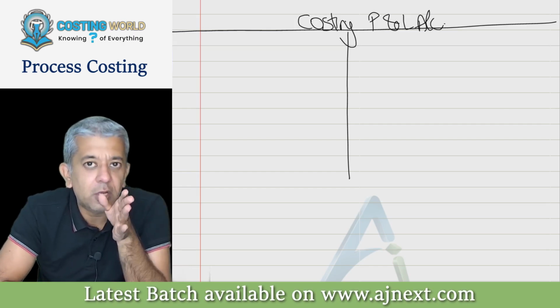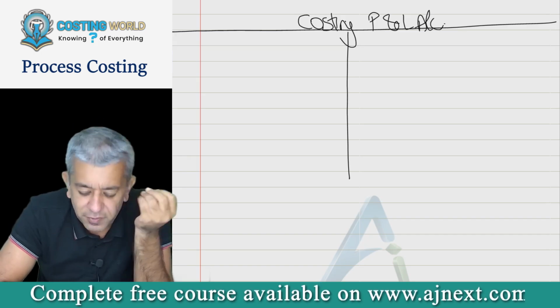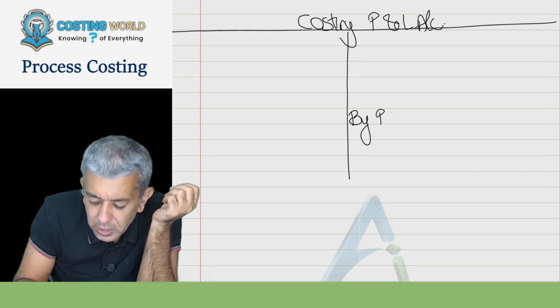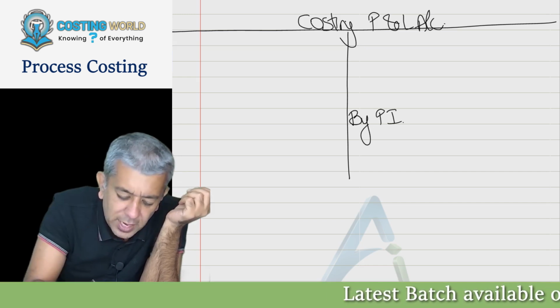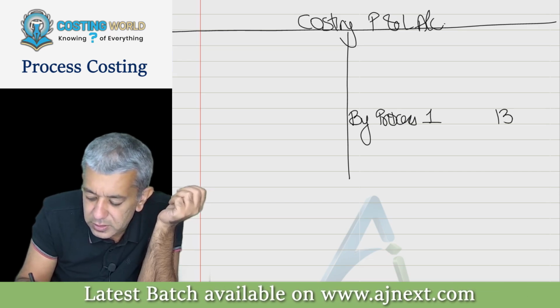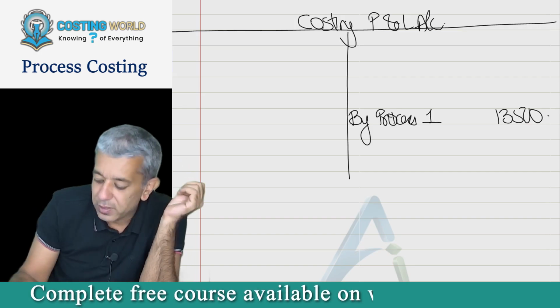So, profit of the company will be the sum of the profits of the departments. Tell me, department 1 has made how much profit till now? 13,500. So, therefore, I should be writing over here by process 1, 13,500.